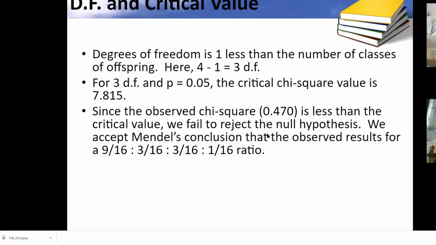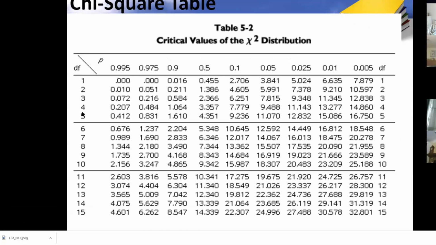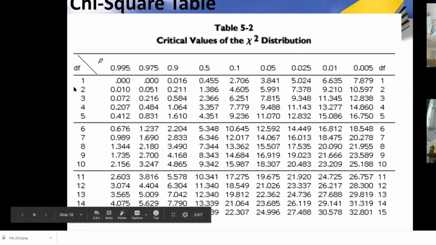We never say we accept it because, I mean, there's still a chance, right? If you were at 0.05 probability, your results will be wrong only 5% of the time. So degrees of freedom is variations minus 1.